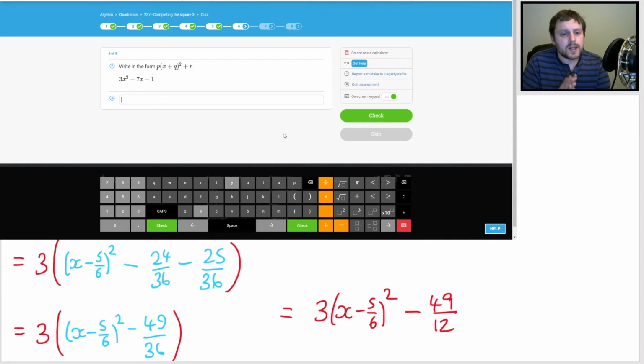Right, number 6. Let's see if we can do this one in our heads. So it's going to be a 3 on the outside of something getting squared. And it will be minus 7/6. So let me just say how I did that. I'd have done 7 divided by 3 and then halved it. So that's 7/6.